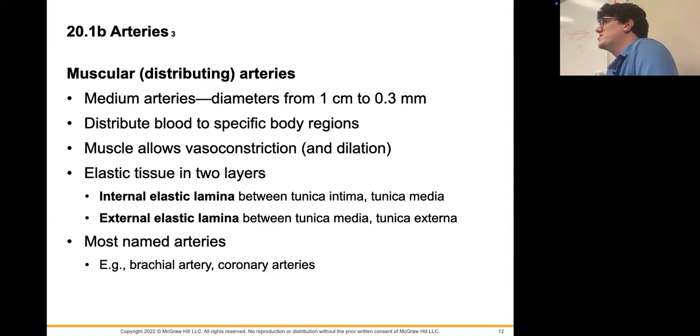These will still have some amount of elastic tissue, but by this point, once we've gotten to vessels that are that small, these vessel walls have already absorbed the vast majority of that energy. Things are slowing down a lot. Things like your aorta, your iliac trunk, these are freeways of blood.